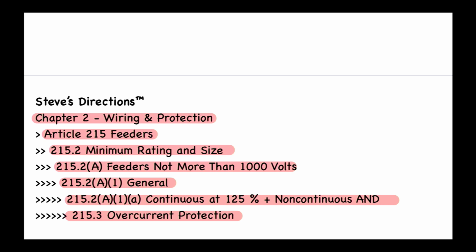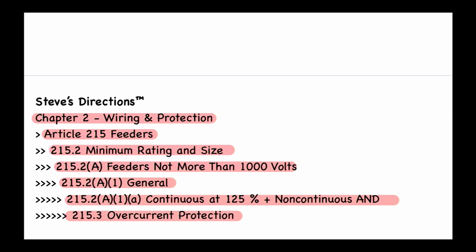Let's say you've got a continuous load of 10 amps, a lighting circuit, and we know the lighting circuit is going to be on for 3 hours or more. So that portion of the load, 10 amps times 125% for a continuous load, gives us 12.5 amps. But then we have something else, and let's say it's 10 amps, but it's not a continuous load.